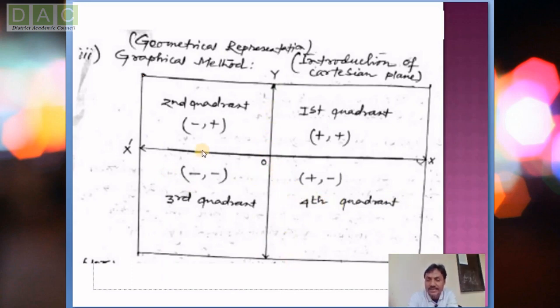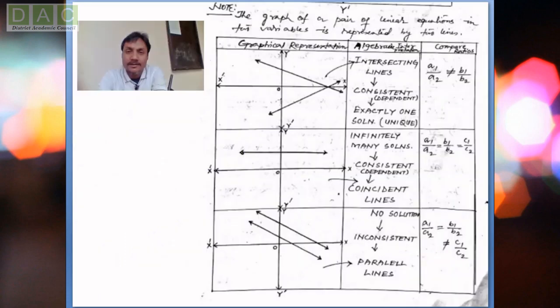Both the axes intersect, that means they meet at some point, and this point O is known as the origin, or the intersecting point of both the axes, x-axis and y-axis. This is the introduction of the Cartesian plane.